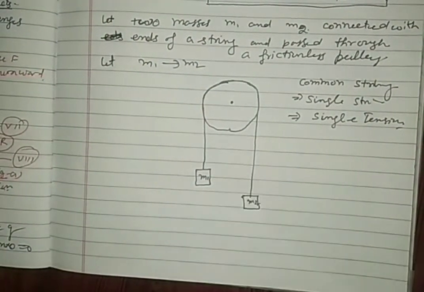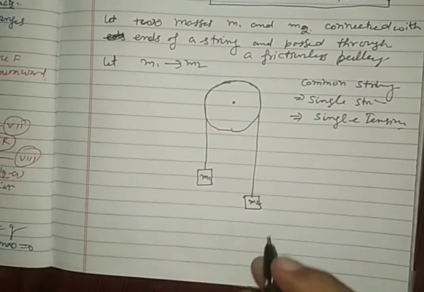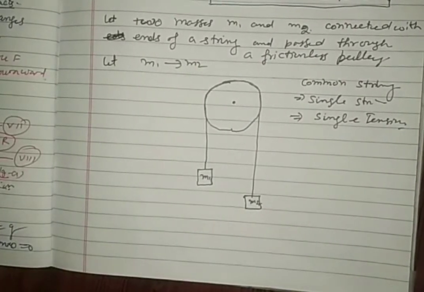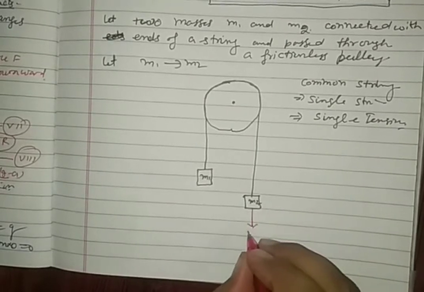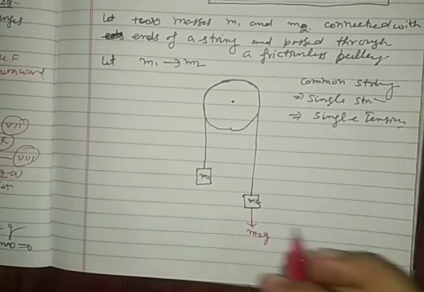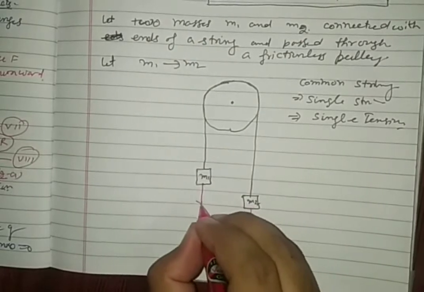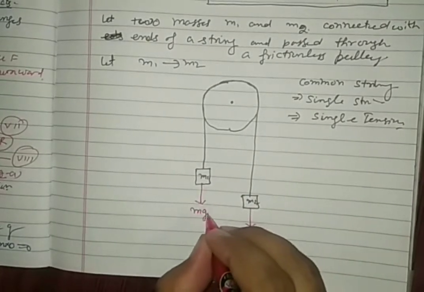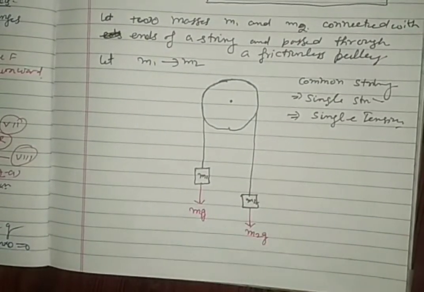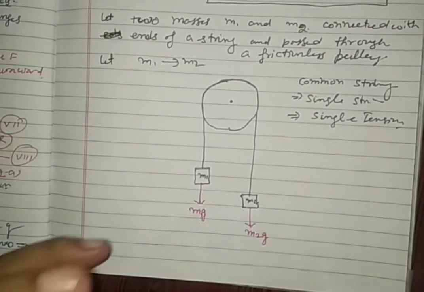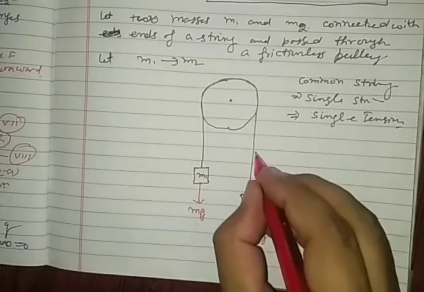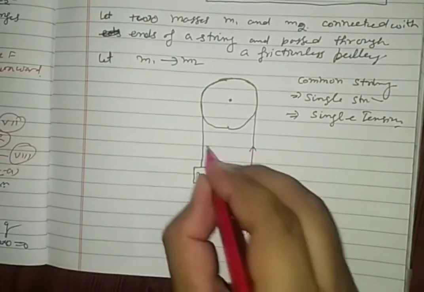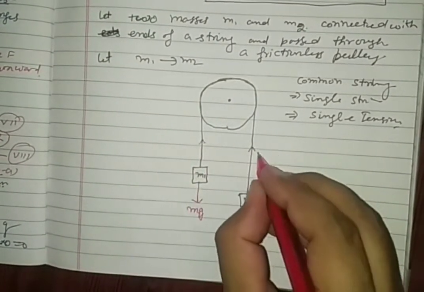First of all, see the weights acting: M2G and M1G always act downward. Due to this weight, tension is produced in both parts.